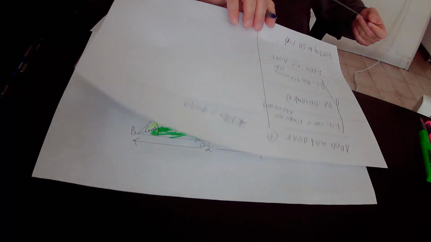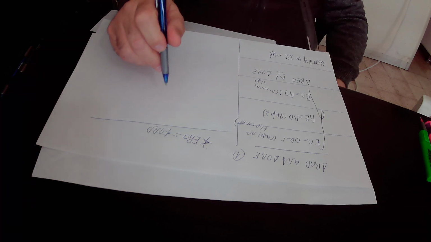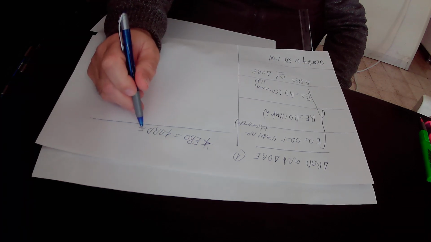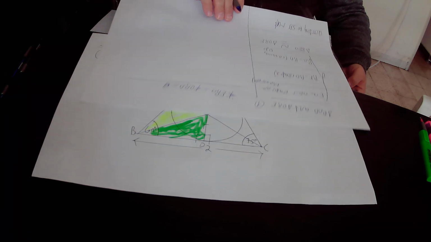Angle EBO equals angle OBD. So if we define one of those two angles as theta, then the other angle must also equal theta because they are equal to each other.